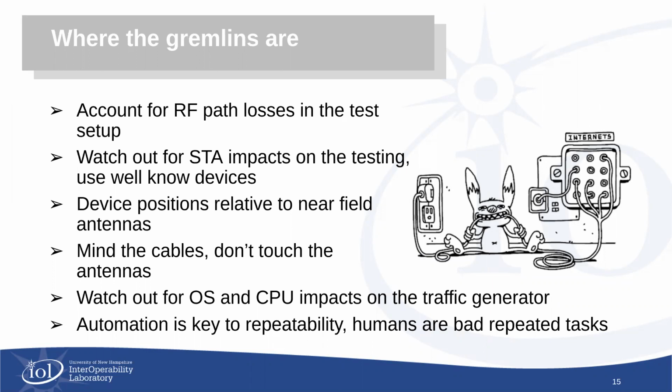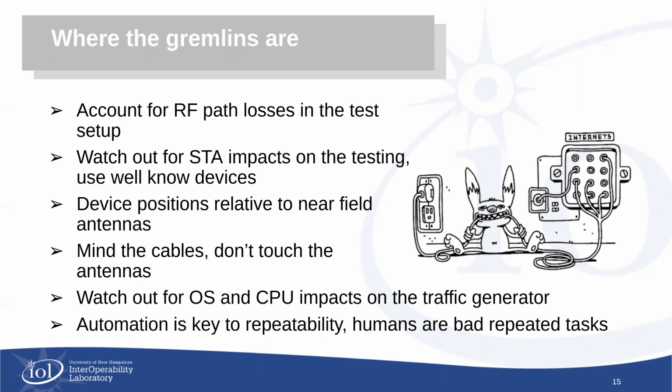You obviously don't want those cables rubbing up against your near field antenna, since that will impinge on the antenna's performance, and it's going to cause your results to skew one way or the other in terms of the overall RF performance.